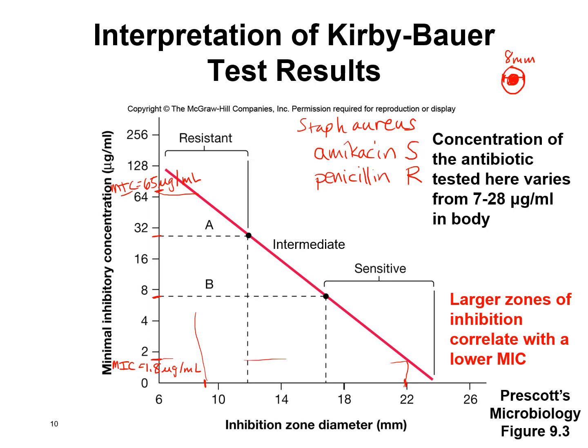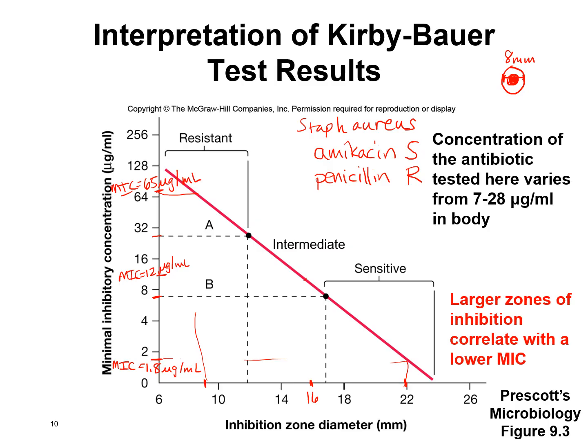Okay, and then maybe another antibiotic. Maybe it measured 16 millimeters of zone of inhibition, and it would fall here. Maybe its MIC is sitting at about 12 micrograms per mil.